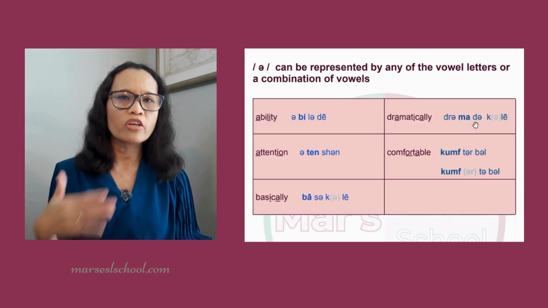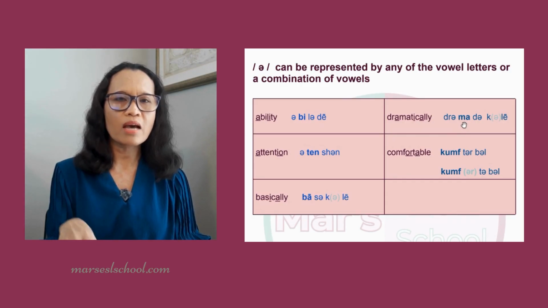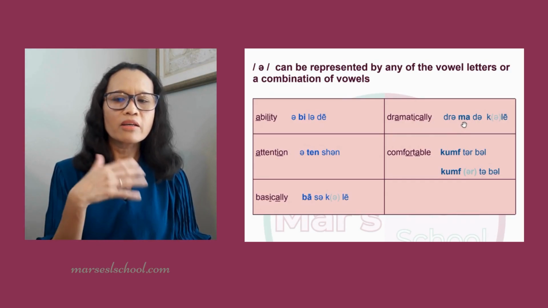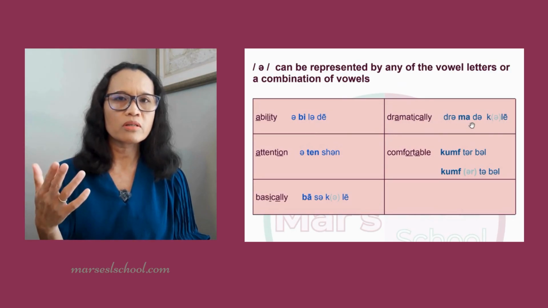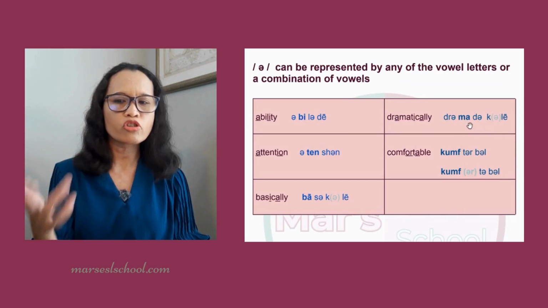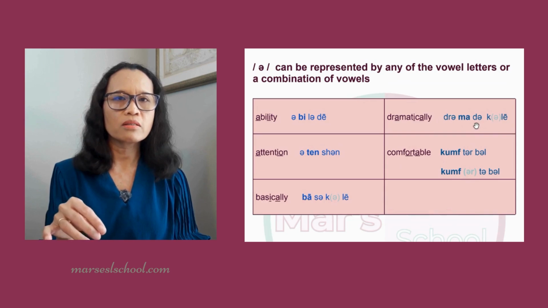And then you make your stressed syllable over here very clearly. It has a short A sound, ma. Here you make a lot of effort, and then you make very little effort when you get to your unstressed syllables. So dra, ma, that's your stressed syllable, and then the fast D, da-clee.